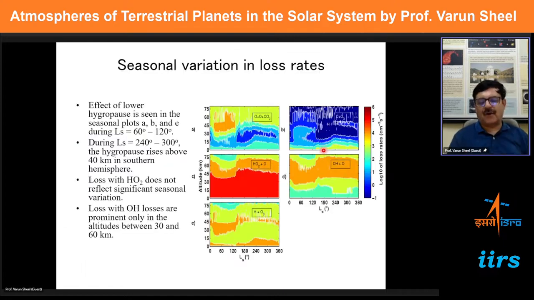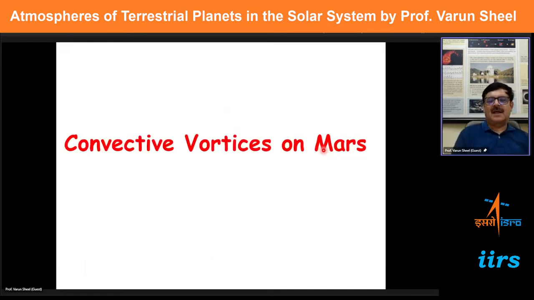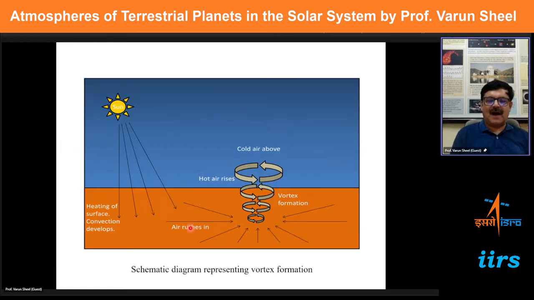So this kind of modeling is very important, which has been taken from basic principles when we developed it for the Earth's atmosphere. And now coming to a very important aspect, as I said, the dust storms. Now there are lots of vortices on Mars, and vortices develop when you have high heating at certain locations, the hot air rises, and cold air from above rushes in.